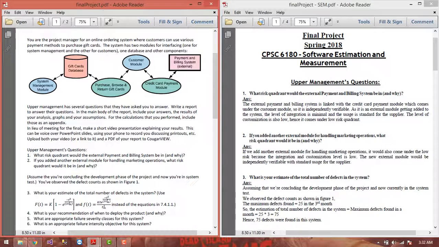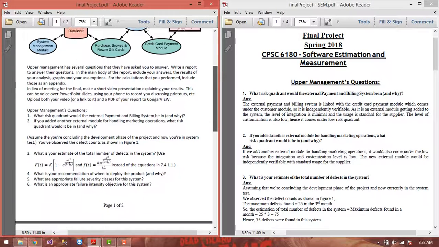And there is an external module called the payment and billing system. So it has two modules. One is for system management and the other is for customers, and the database and the other components.